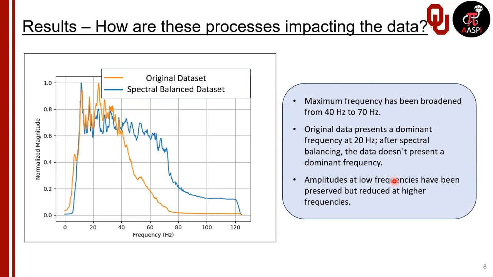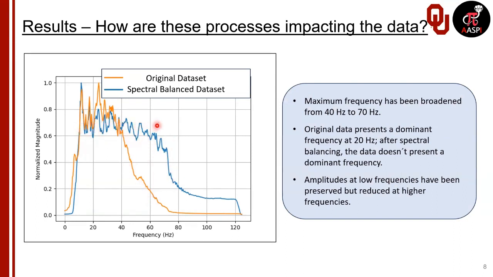So here we can see the frequencies before and after spectral balance. In orange, we have the frequency of the original data set. As you can see, it's very poor in content. Everything is located between 10, 15, and 40, and then we have a strong decay. With the spectral balance, what we did is extend the range of usable frequencies.